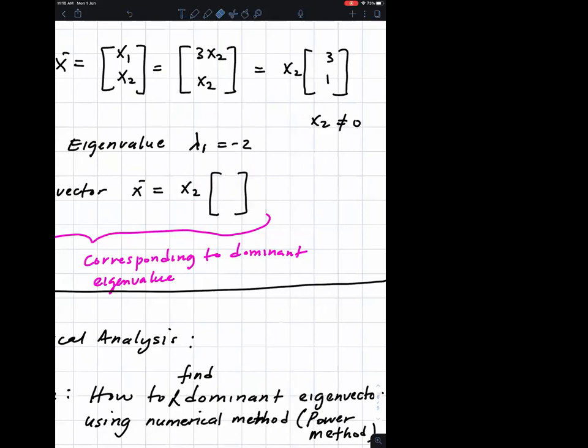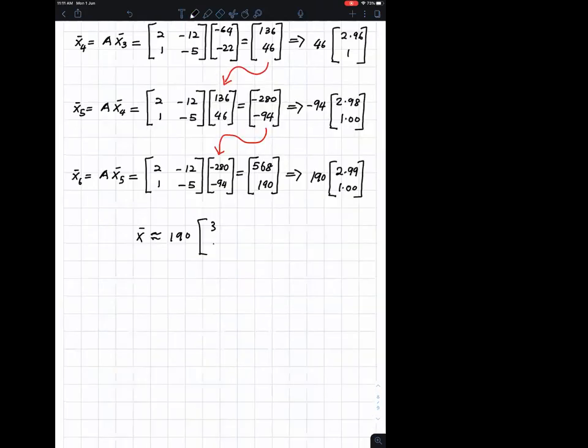This is actually the eigenvector right here, after the 6th iteration.